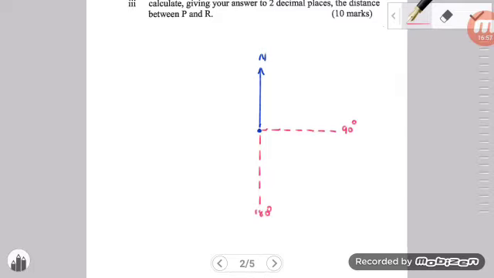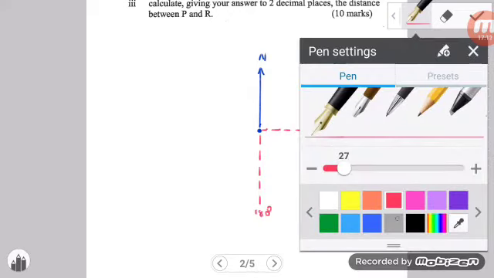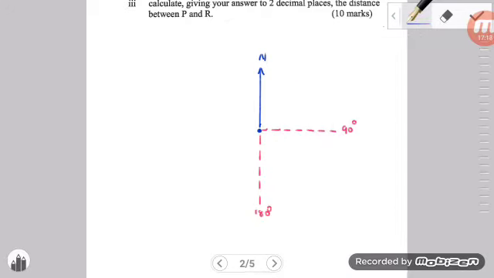So by proper estimation, 121 degrees is going to be closer to 90 than it is to 180. So I'm going to estimate that the ship is going somewhere in this direction here.